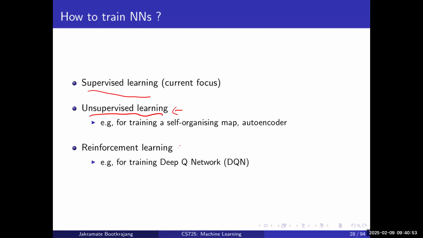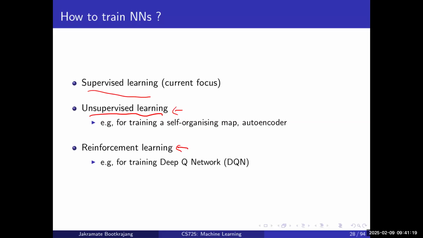We also have reinforcement learning. Now, reinforcement learning is a different type of learning where you interact with the environment. Whatever you get from the environment is going to update the weight and inform you to make a different decision the next time you see the same environment.